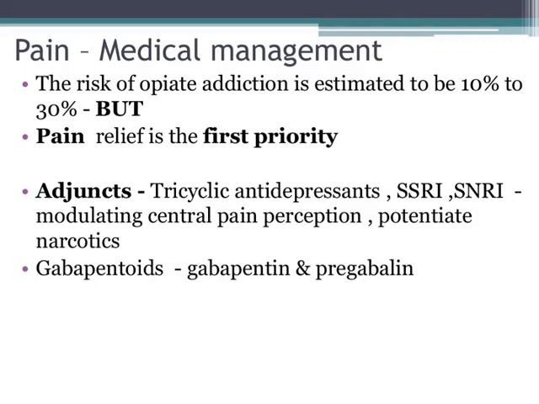The risk of opioid addiction is estimated to be 10 to 30%. Pain relief is the first priority. Adjuncts: tricyclic antidepressants modulating central pain perception, potentiate narcotics, gabapentinoids, gabapentin, and pregabalin.